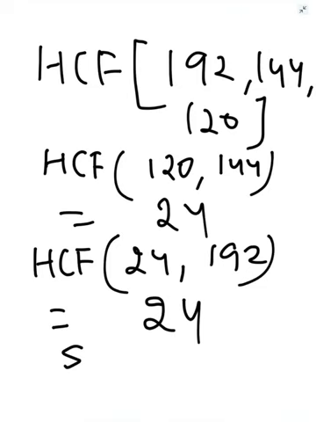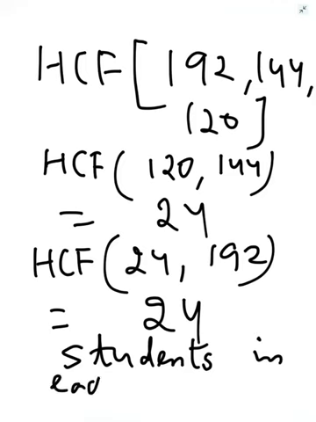What is the meaning of 24? This is the number of students in each classroom. So in each classroom there are 24 students sitting, but separately, science, commerce and arts.